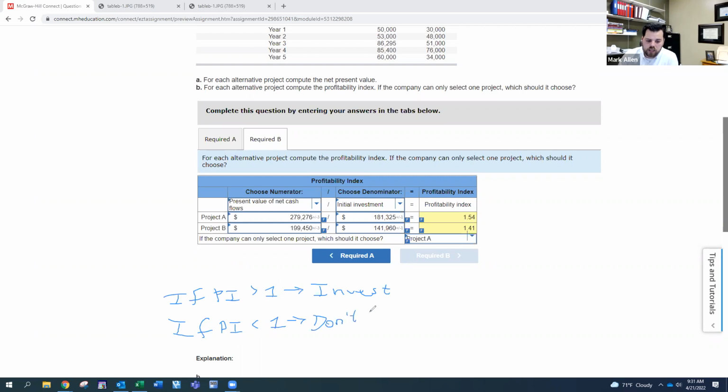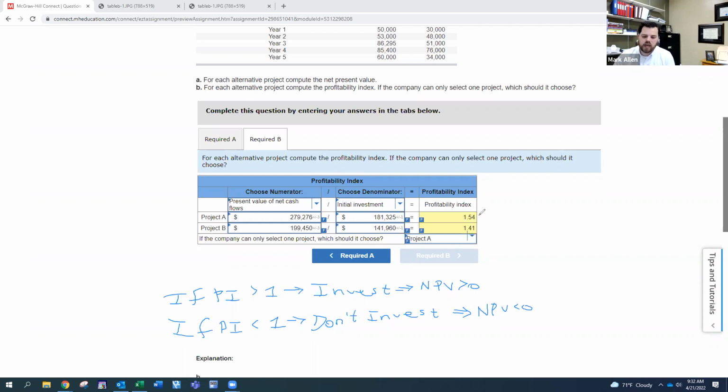That's because if your profitability index is greater than 1, that implies that your NPV is greater than 0. And we know by NPV, if NPV is greater than 0, we should invest. However, if profitability index is less than 1, it's because of the implication that NPV is less than 0, or that NPV is negative.